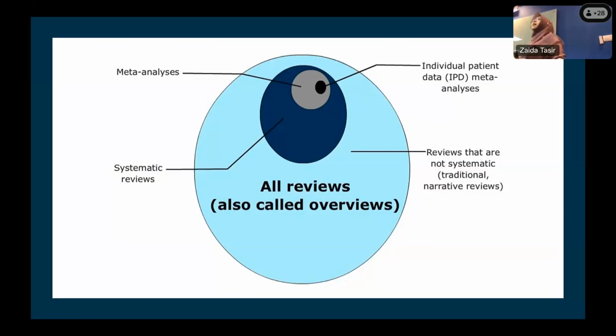In meta-analysis, you compare the effect size of the interventions that have been conducted in a specific research area. But systematic review is usually where you would like to see the trends, the gaps, and so on. And of course, other types of review fall under the bigger circle outside it.